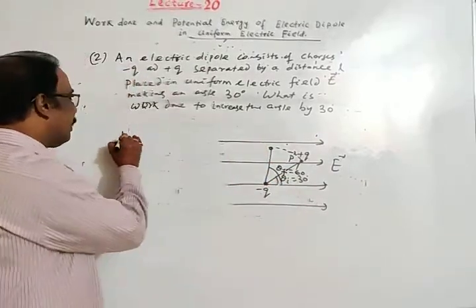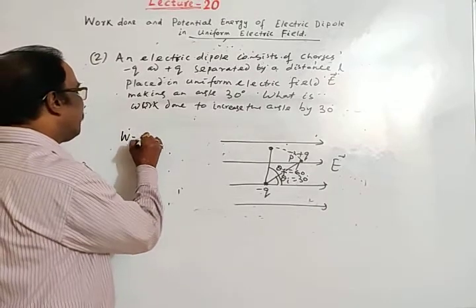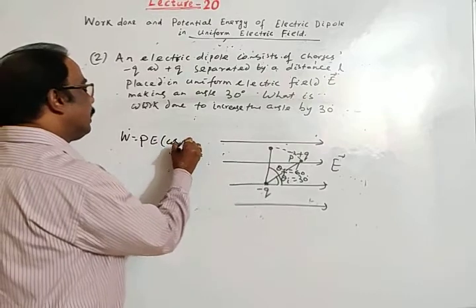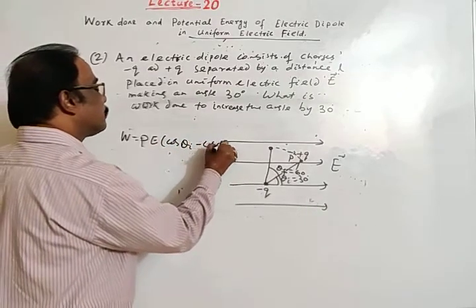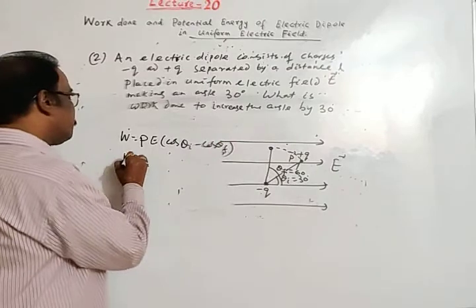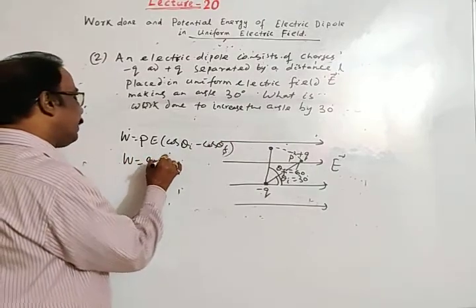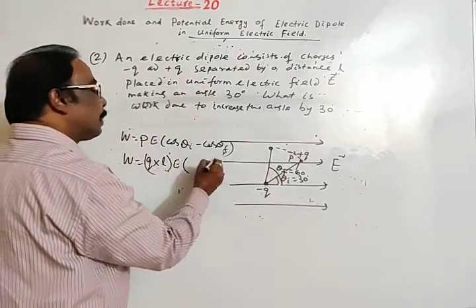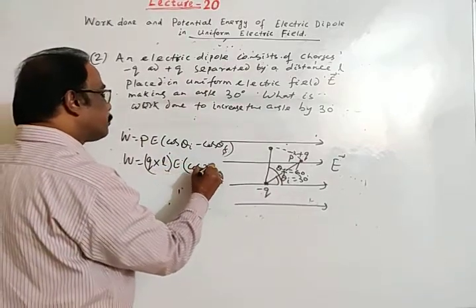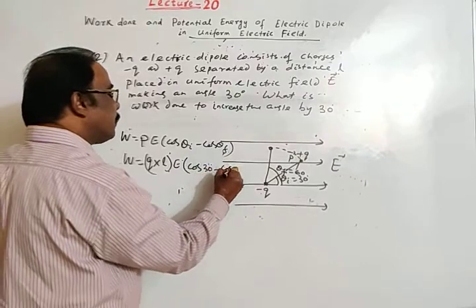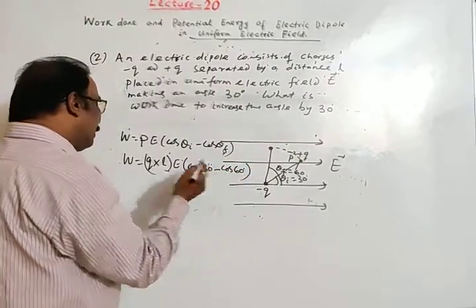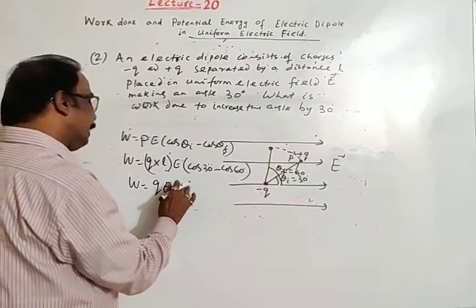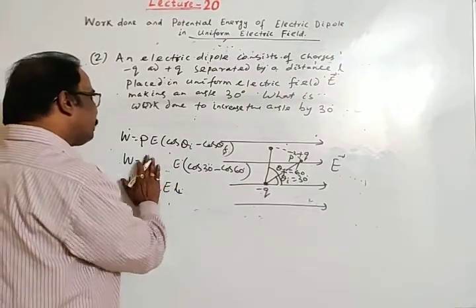Again the same formula. Work is equal to PE into cos theta initial minus cos theta final. So work is equal to P Q into L, charge and distance between the charges, into E. Cos initial angle is 30 degree minus cos final angle is 60 degree. Now you can solve it.